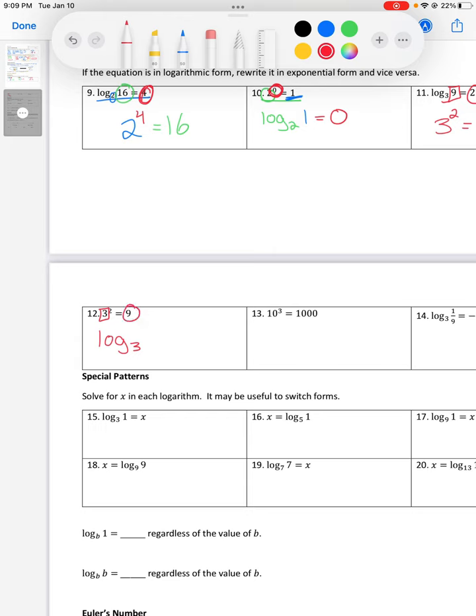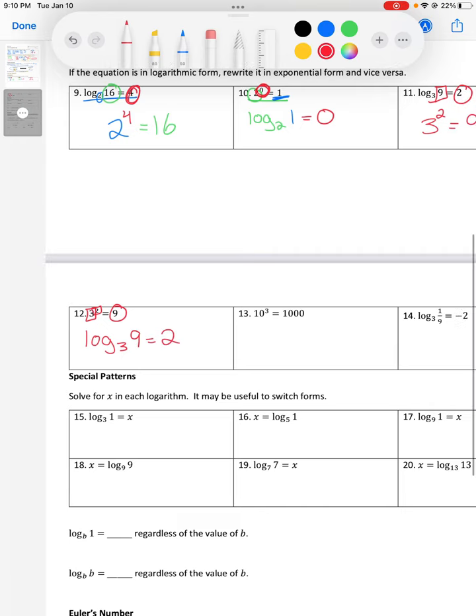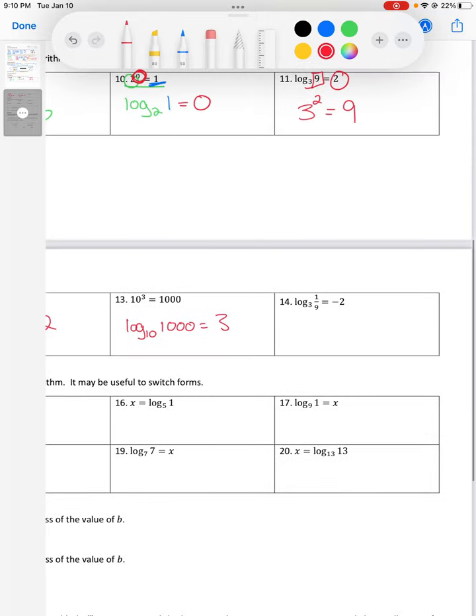What it equals is what we're taking the log of, and the exponent is what we're trying to find. Okay, so again, log base 10 of 1,000 equals 3. And the last one, 3 to the negative 2 equals 1/9, because negative exponents make a fraction.